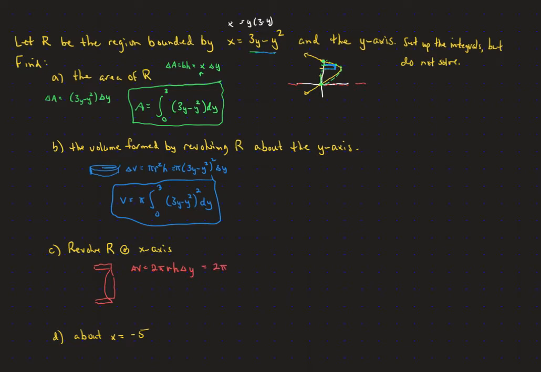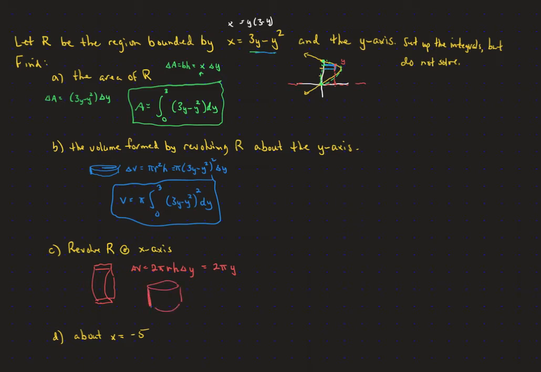Now the radius is that distance from the axis of revolution out to that rectangle, which is going to be the top curve minus the bottom curve, or you can say this distance is going to be the y-coordinate of that point. So our radius is going to be y. The height of our shell, I'm going to redraw it maybe over here, so I'm going to turn it around.